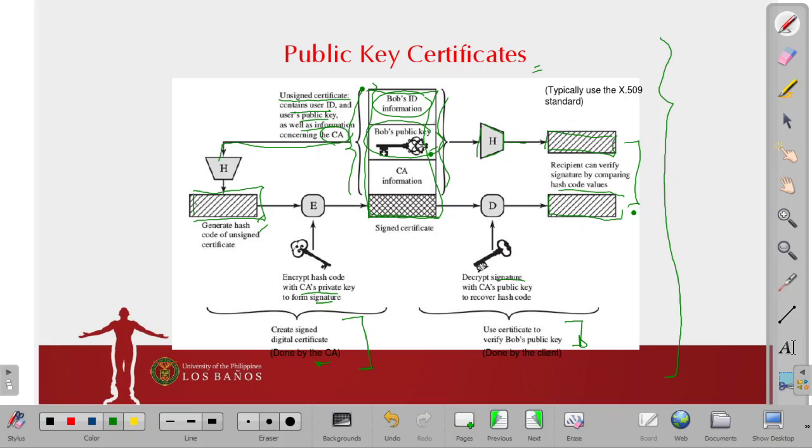Okay, and the format here is called the X509 standard. So that's the idea. Certificates are used to make sure that you indeed are the owner of the public key.